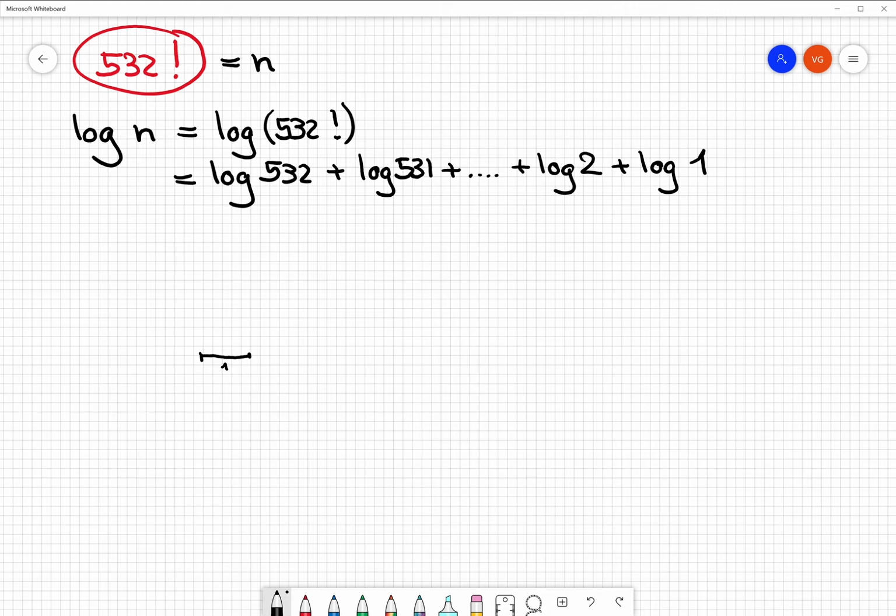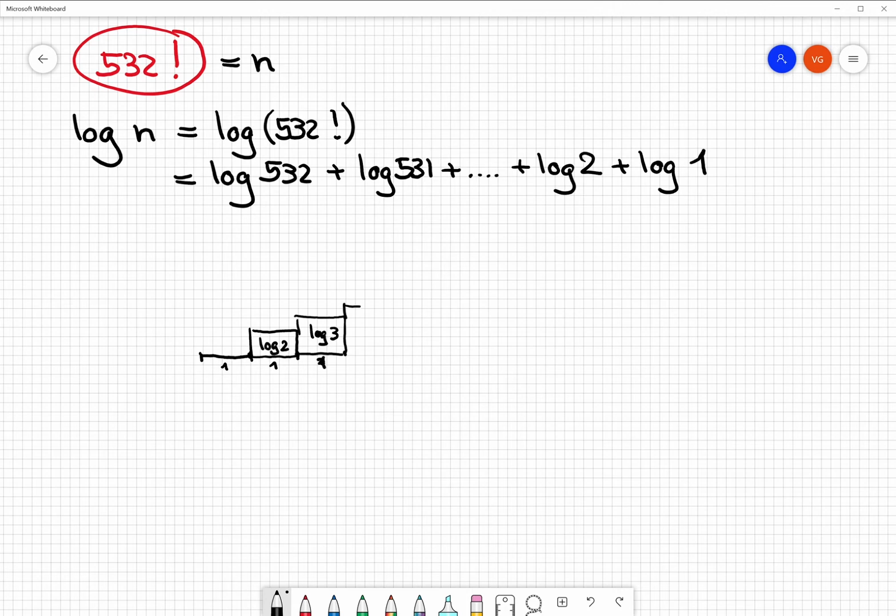Next rectangle has the same width, 1. So it has height logarithm 2. The next rectangle, again width 1, height logarithm 3, etc.